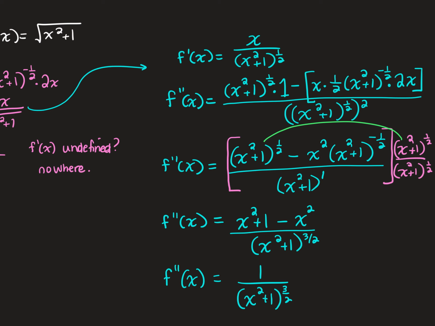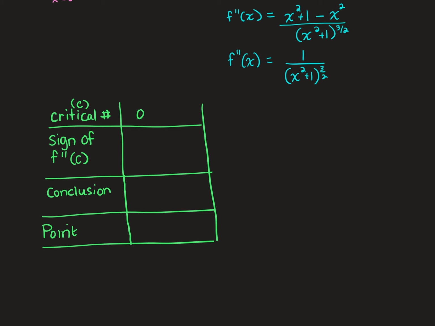Okay, so from there, I'm going to make my table. Let's go ahead and make the table. Okay, so I set up the table, or my chart, whatever you want to call it. I have my critical number. There's only one of them this time. And remember, our second derivative test says you can just plug the critical number right into the second derivative. And if you get a positive number, that means that you have a relative minimum at that critical number. If you have a negative number, you have a relative maximum at that critical number.